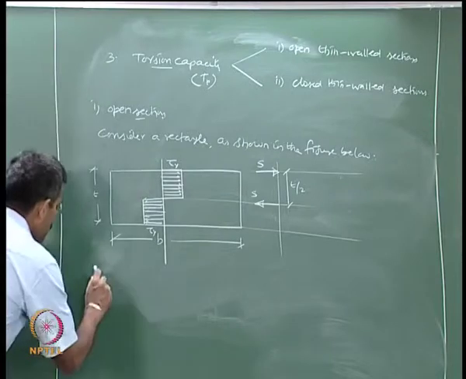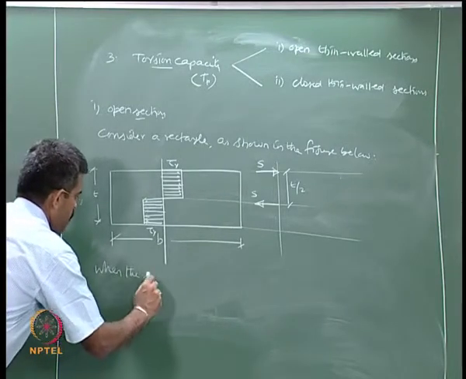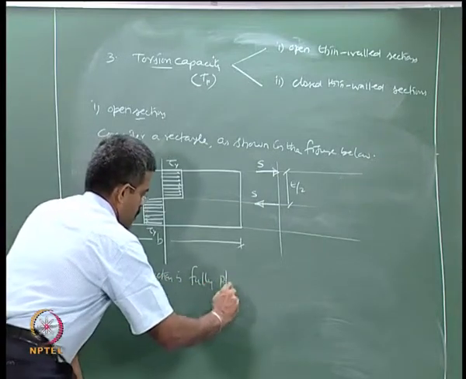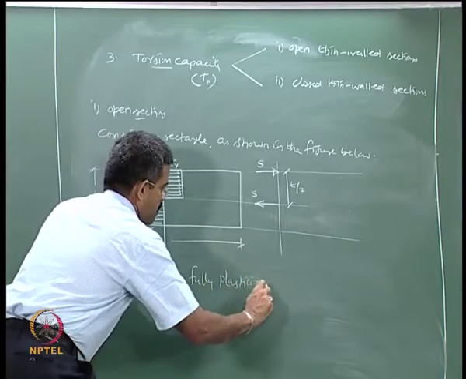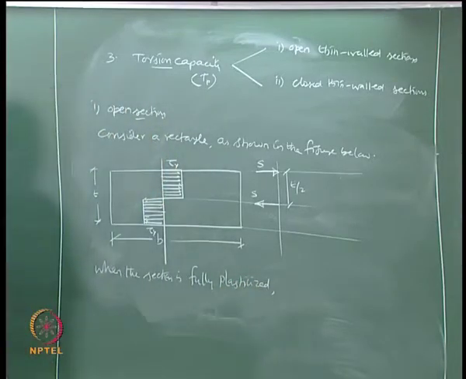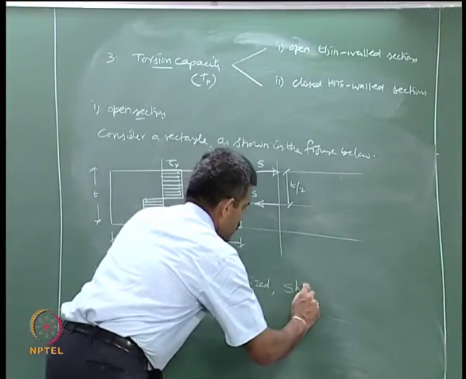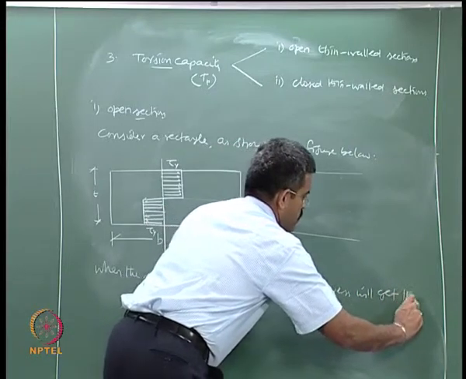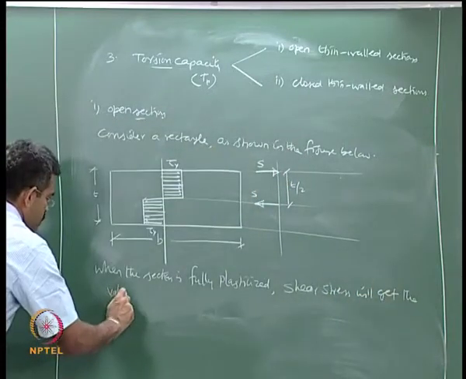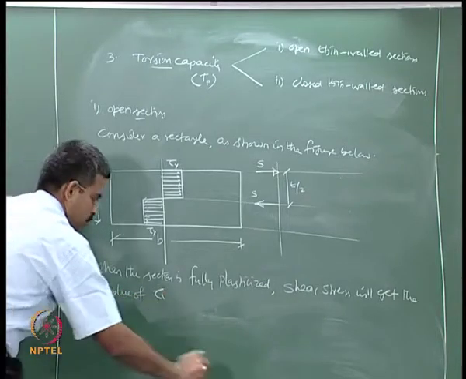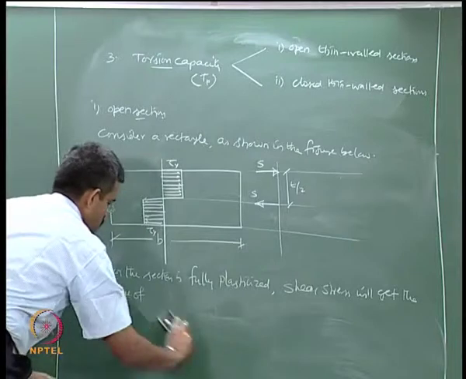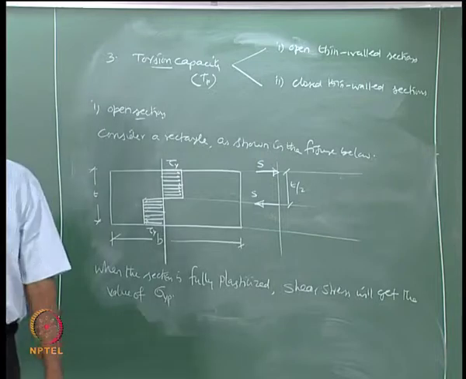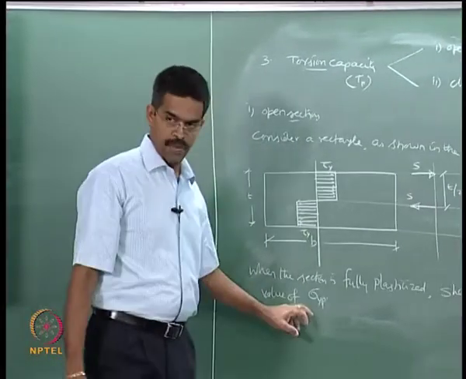We understand that when the section is fully plasticized, shear stress will get the value of sigma yp, is it not? We have studied this in the last theories of failure. Okay, sigma yp, it gets the yield value.